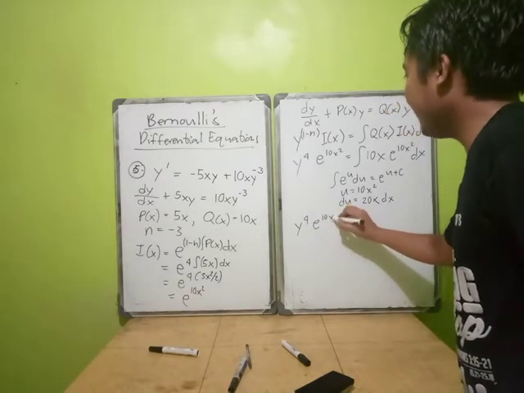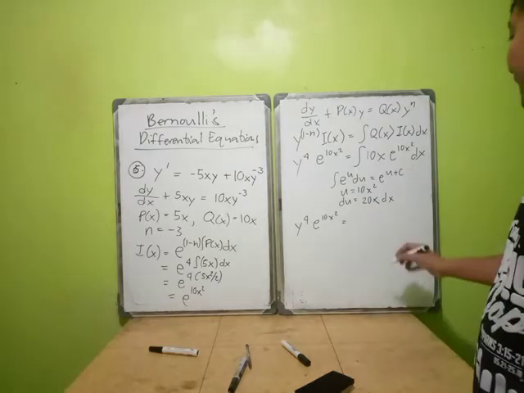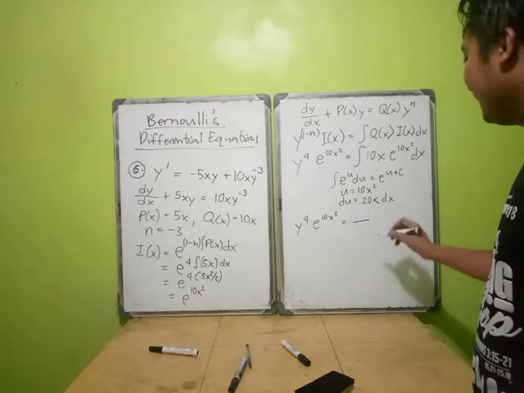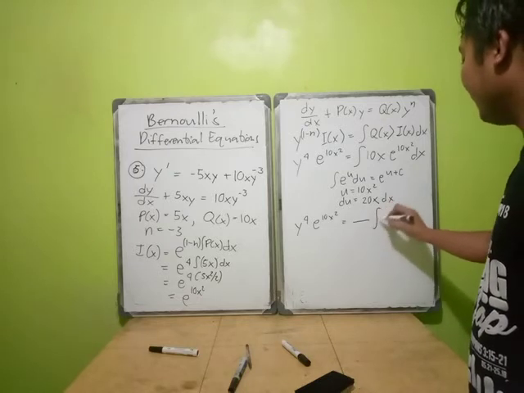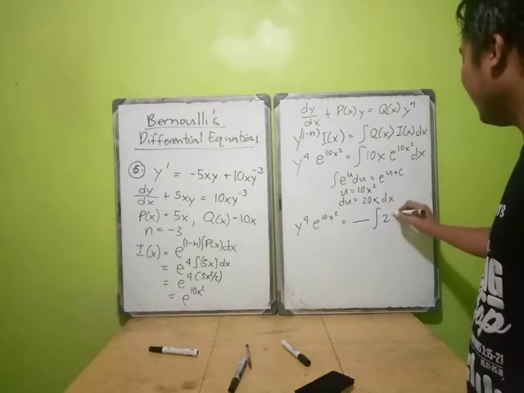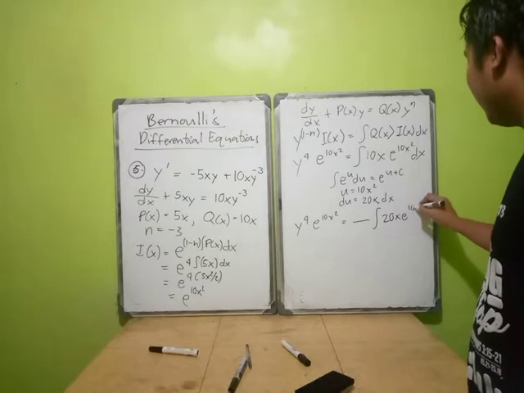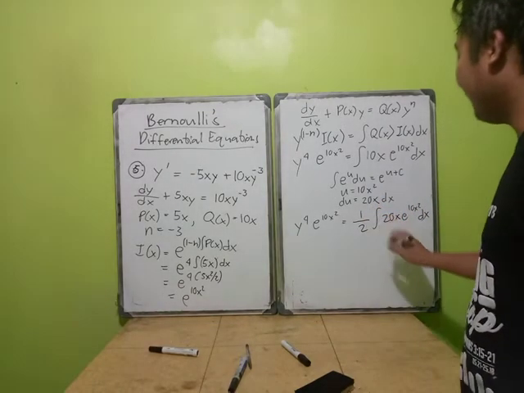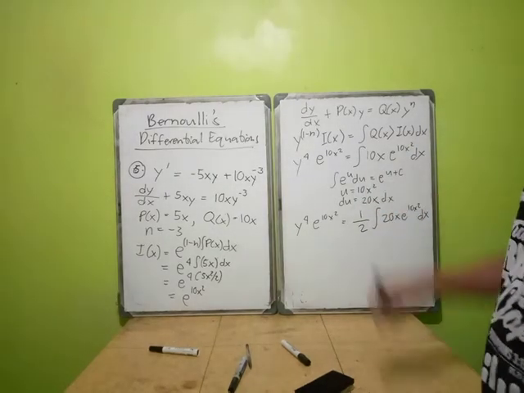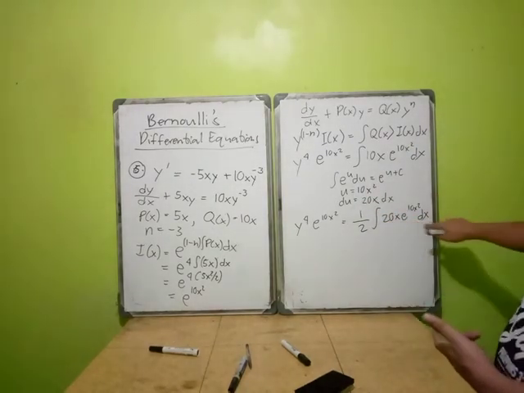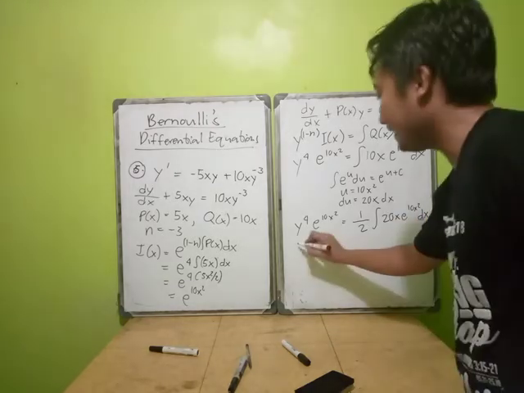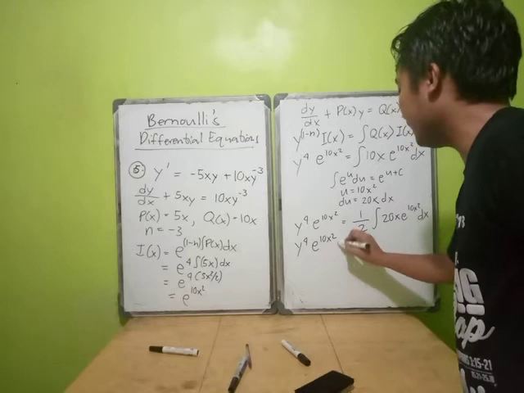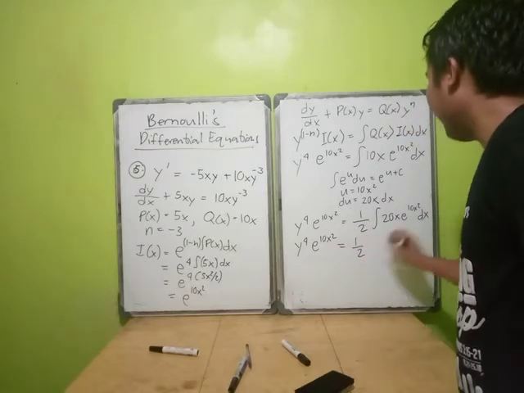So, dahil 10x lang yung nandito, ipasok pala natin si 20. And then, i-multiply ko lang ng 1/2. Bakit? 1/2 times 20 is 10. Okay, so para ma-integrate natin itong sa loob. So, y to the fourth and e to the 10x squared is equal to 1 half.